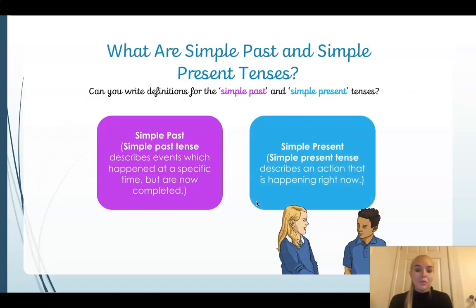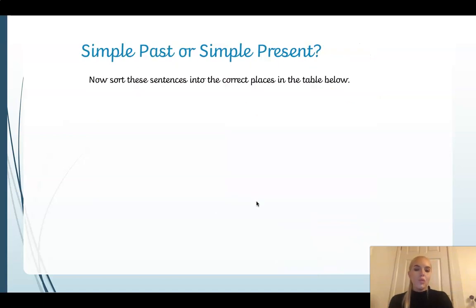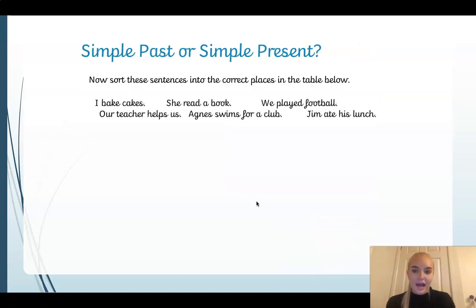Whereas simple present tense describes an action that's happening right now, like I am sitting, I am eating, I am drinking. What I would like you to do is have a go at sorting these sentences into the correct places in the table below.